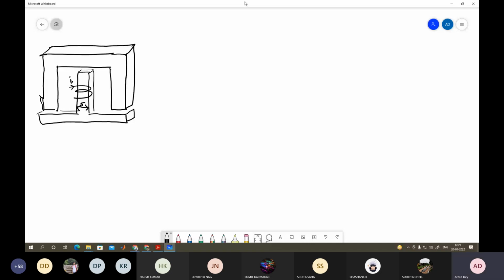And this is equal to 2 centimeter. This is also 2 centimeter. Air gap length is 0.5 millimeter.